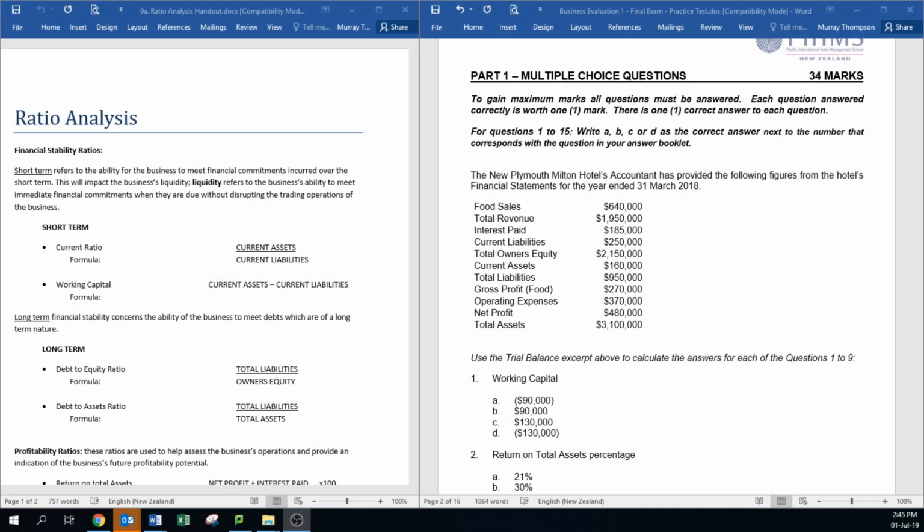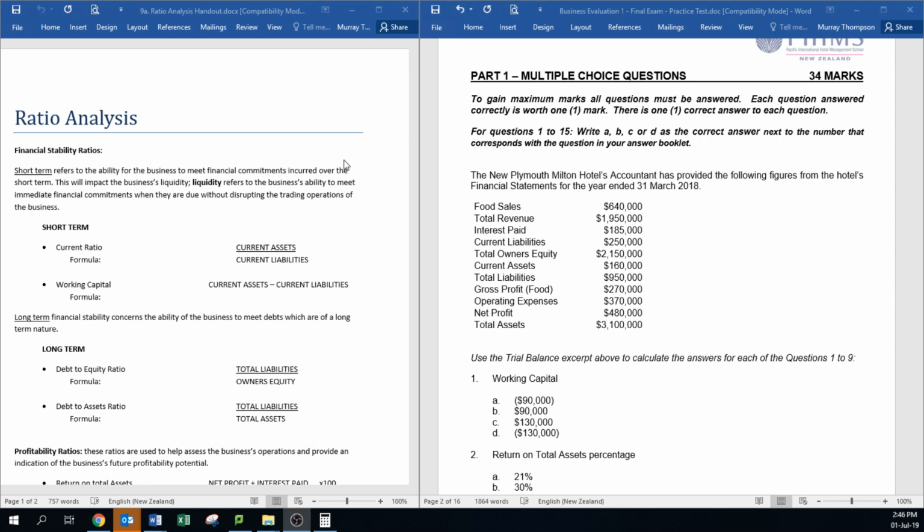Okay, so what I've got is two things. I have the practice exam on the right hand side there. The practice exam is what you have on Canvas, and you've also got a paper copy as well.